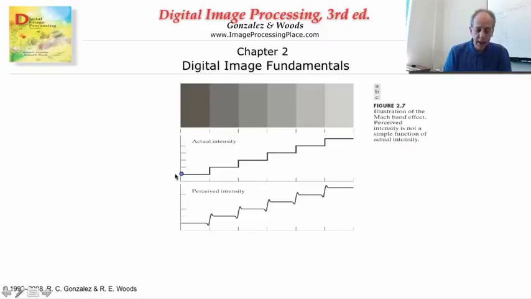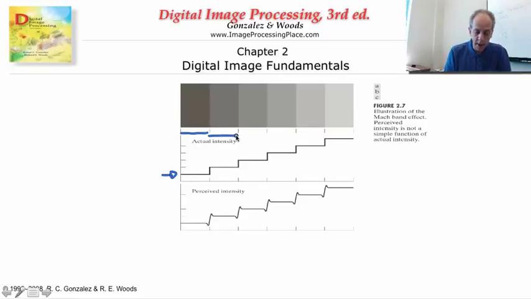The basic idea is that I present here a black region, a bit lighter, a bit lighter, a bit lighter, and so on. The actual intensities that I'm painting each one of these is constant. So the intensity here is constant, as we can see here.